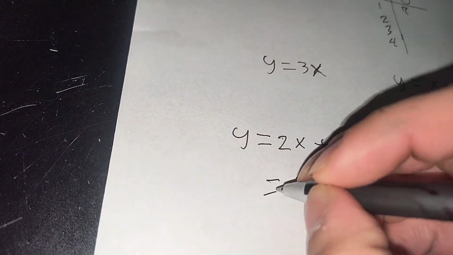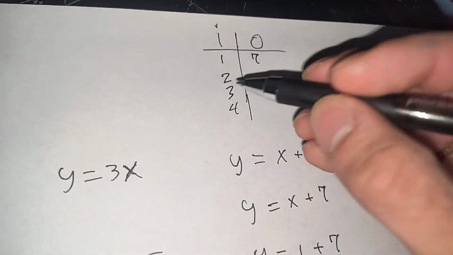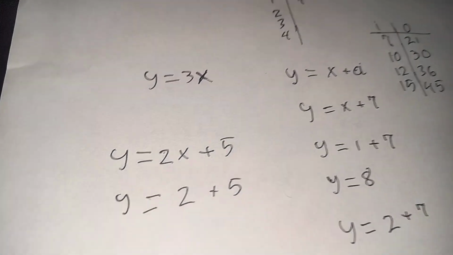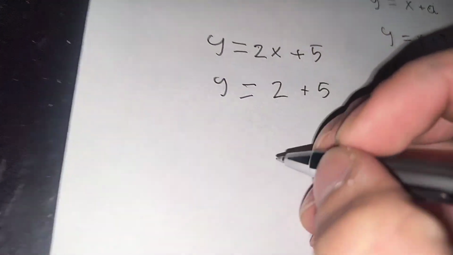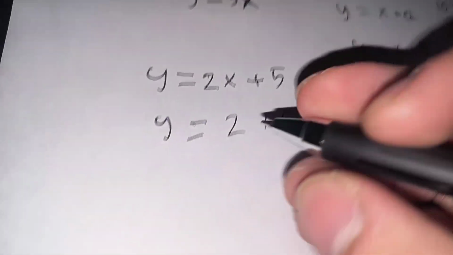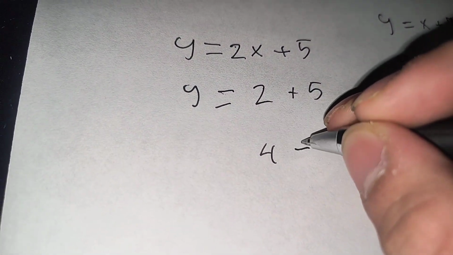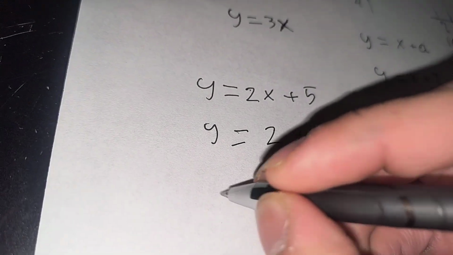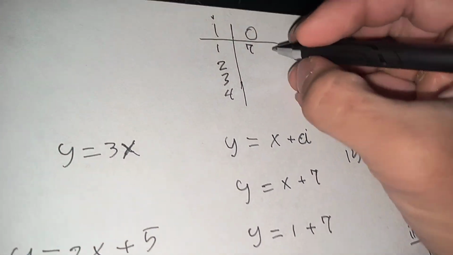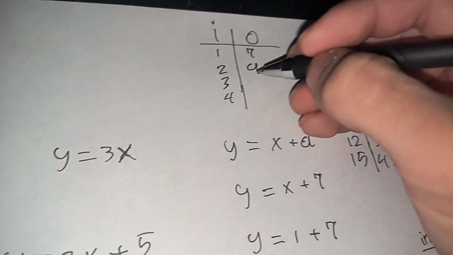So y would be equal to 7 in that case. What about with 2 as the input? 2 as x. This would be 2 times 2, which is 4, plus 5, which is 9. So then y would be equal to 9. The output would be equal to 9.